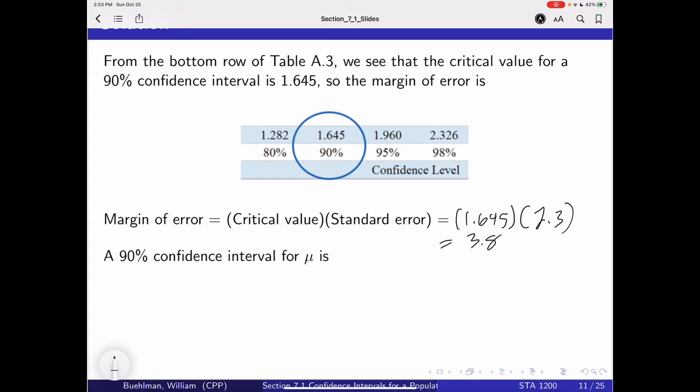A 90% confidence interval for mu would be, remember, x-bar plus or minus our margin of error, which in this case is 7.1 plus or minus 3.8, which gives us 3.3 < mu < 10.9. So we are 90% confident that the population mean for this example is between 3.3 and 10.9.